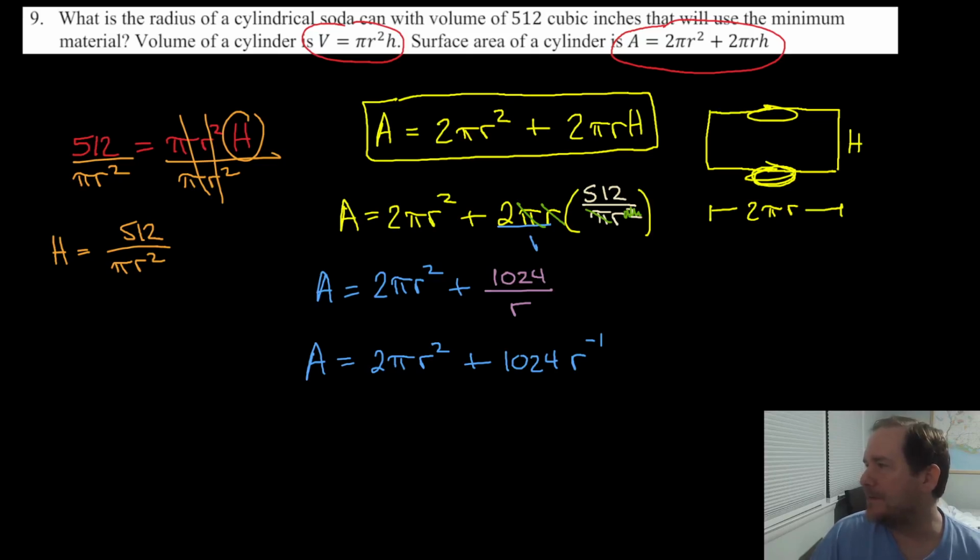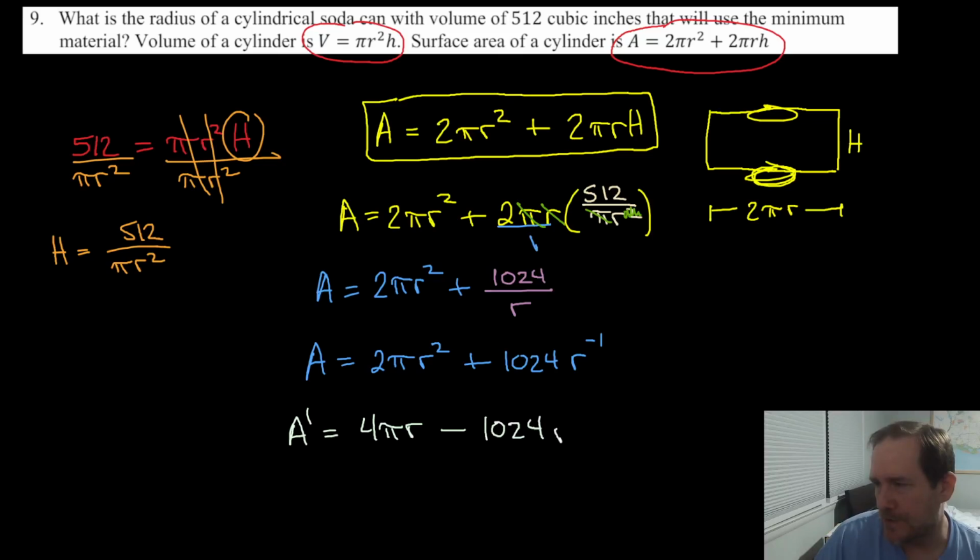So that means I'm ready to differentiate, and I get an A prime. That equals, let's see, multiply by 2, so you get 4 pi as your new coefficient. And then r's exponent goes down by 1, so it's only to the 1, so it's 4 pi r. Then it'll be minus 1024 r squared, or r to the negative 2, sorry.